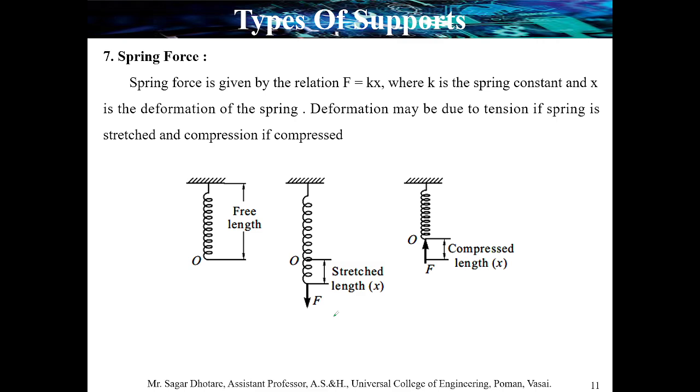In that simple case, the spring force is nothing but the spring constant and the deformation of the spring. When we take the product of these two parameters, we get the spring force. It might be in tensile form, or it might be in compressive form.